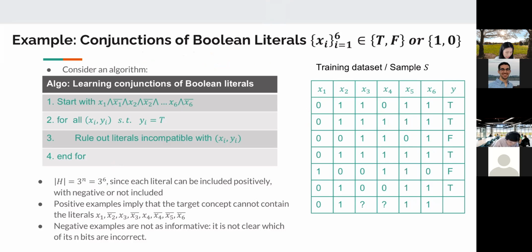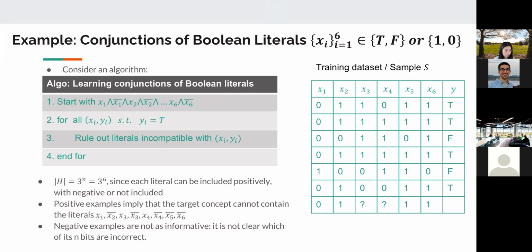That's the total size of the hypothesis set. This reviews what a hypothesis set is, and for a finite hypothesis set, how you calculate the size.